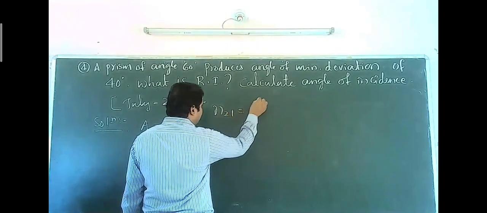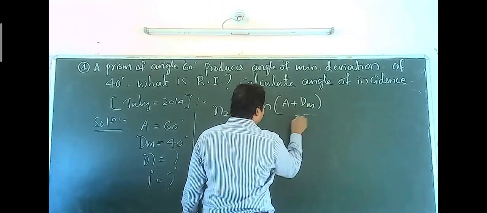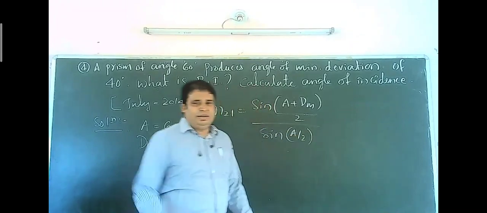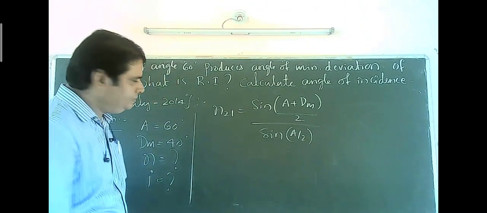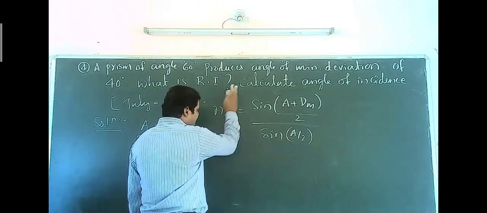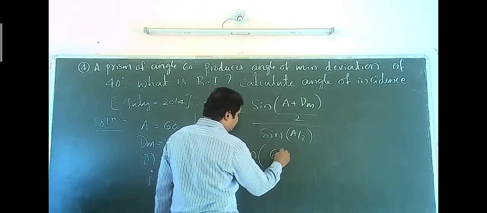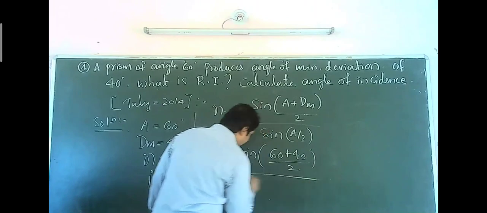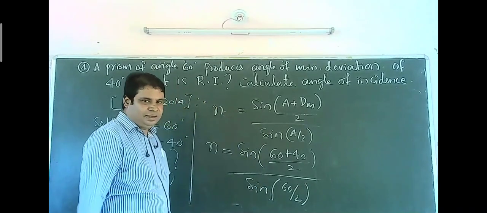The refractive index of a prism is given by sin of (A plus dm) by 2 divided by sin of A by 2. These are all direct substitution formulas. Nothing to do, just put in the values and simplify. n is equal to sin of (60 plus 40) divided by 2, divided by sin of 60 by 2.